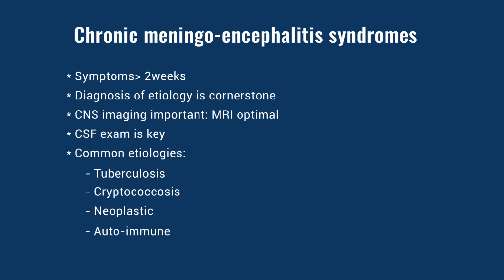And in this situation, we generally avoid antimicrobials, certainly till your imaging and all your CSF reports are back, because it is critical to establish a diagnosis here. Urgent treatment is not the need of the hour, as opposed to acute meningoencephalitis.